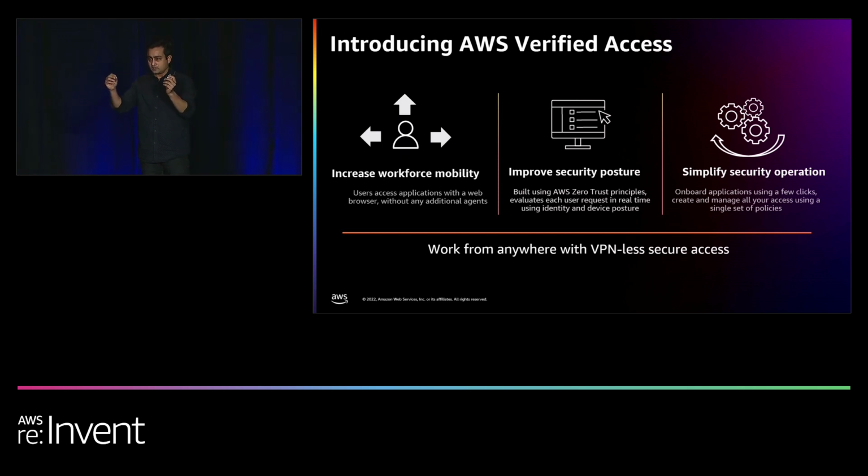You can define fine-grained access per application, using real-time contextual signals like identity and device posture, right? And from a manageability perspective, it is simple, because you can manage policies for each application using all the signals in one single place. Now with a few clicks, you can add applications and make policy changes, and it just happens within a few minutes, no longer days or weeks, right?